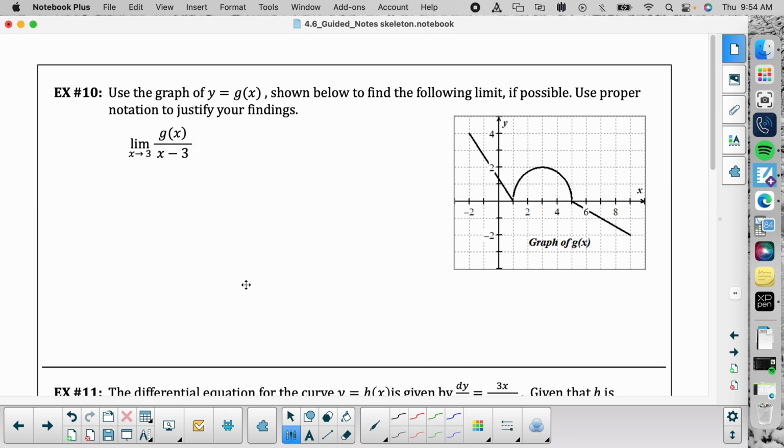Okay, using the graph of g of x, find the limit if possible. We're not using proper notation. We're going to be rebels. First thing we need to do is find g of 3. How do we do that from the graph again? Look at the height of the graph.